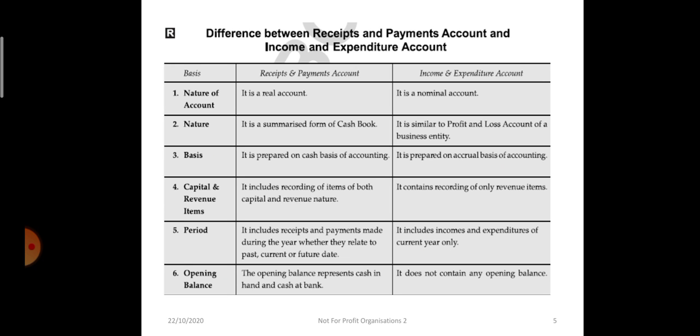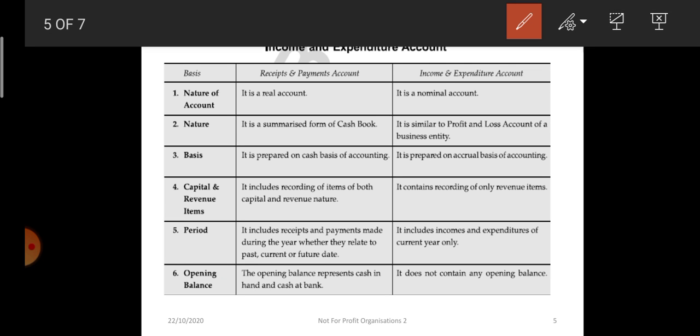Now what is the difference between receipt and payment account and income and expenditure account? Receipt and payment account is real in nature, it is a summarized form of cash book. Income and expenditure is nominal and similar to P&L. It is prepared on accrual basis, and receipt and payment is on cash basis.